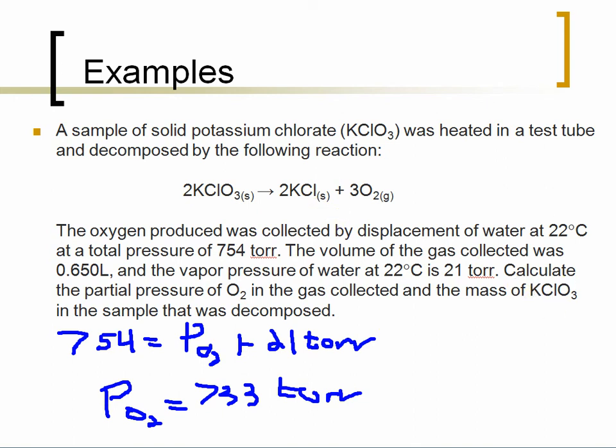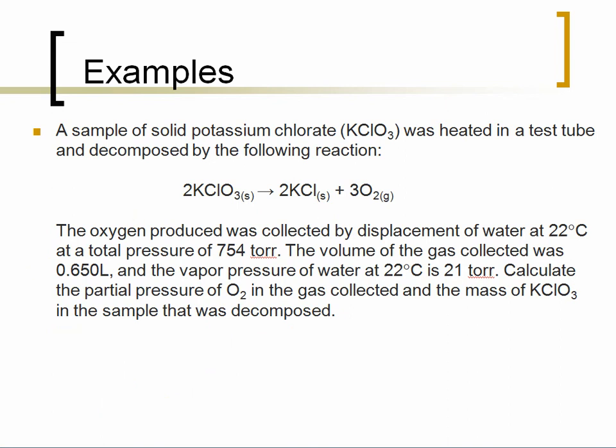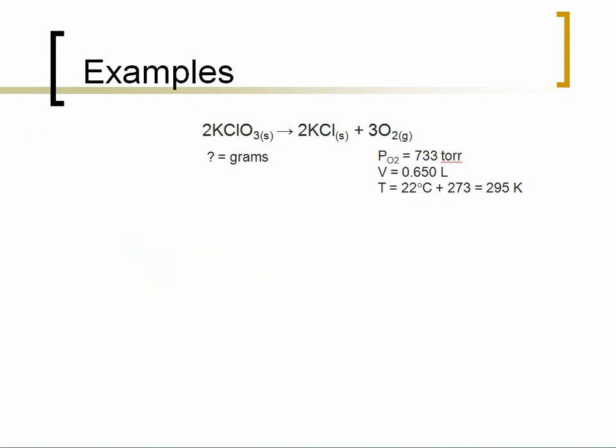The second part is we want to find out the mass of potassium chlorate that was decomposed. The way we tackle this problem is first write your givens in your equation. So I have the pressure of oxygen, the volume of oxygen, and the temperature of oxygen. I'm going to use PV equals nRT to solve for my moles of oxygen.